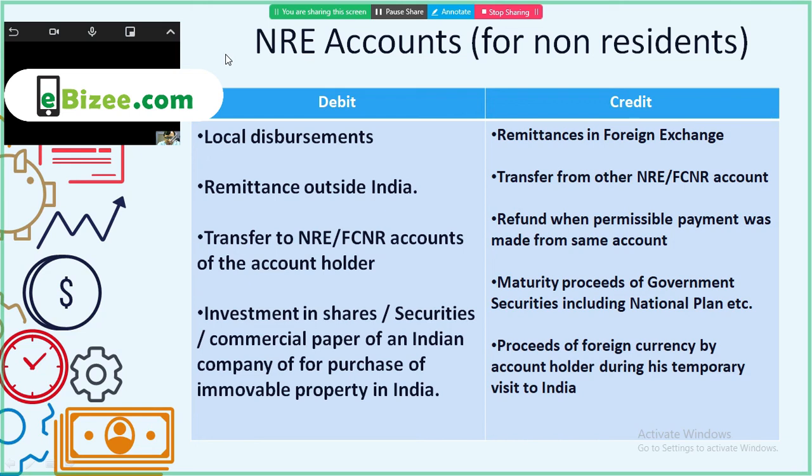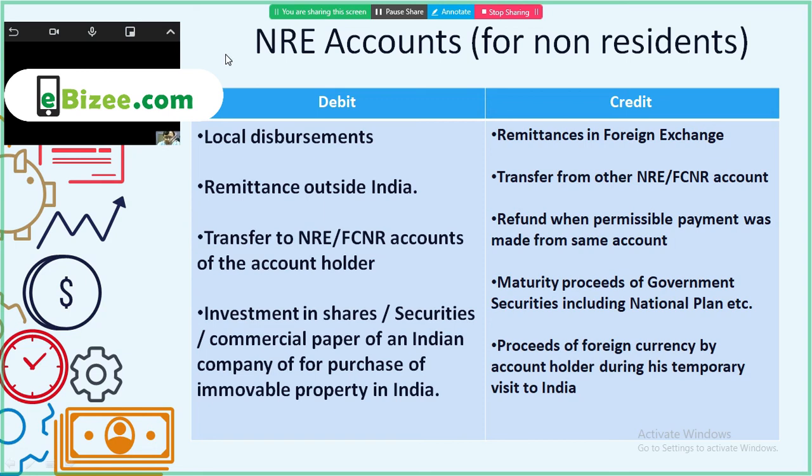So when you go a little deeper into the type of transactions which are allowed in FCNR, which is allowed in NRO account and NRE account, you will find that there are some logical reasons behind this and the logical difficulties of the people who are connected with India and who are non-residents.